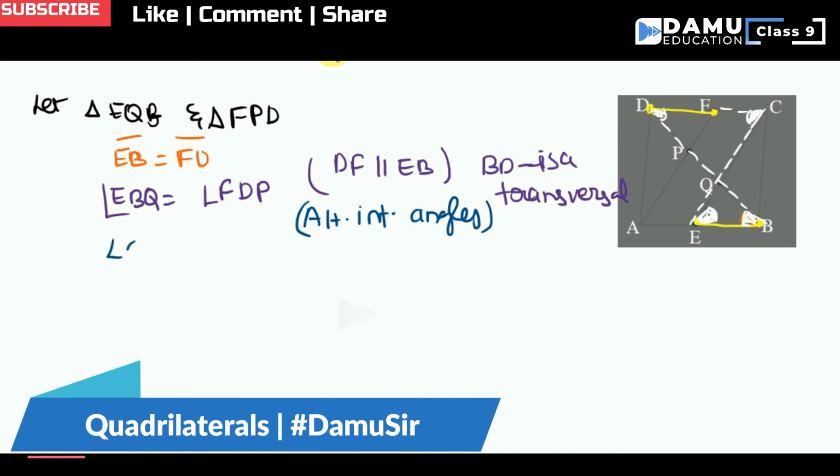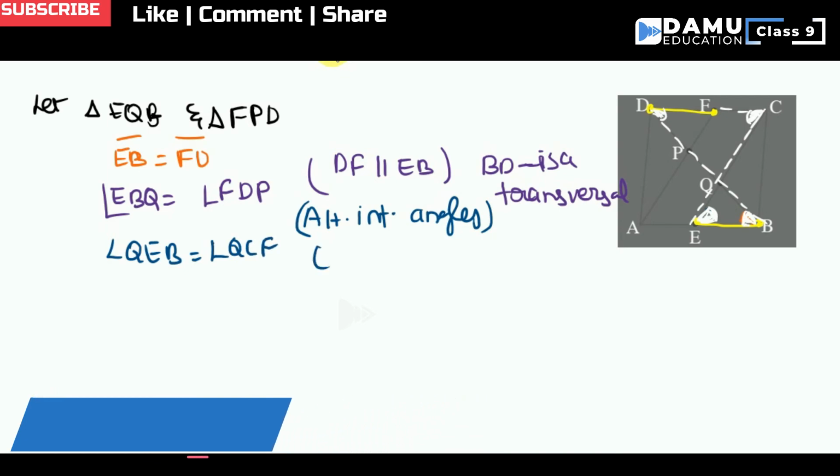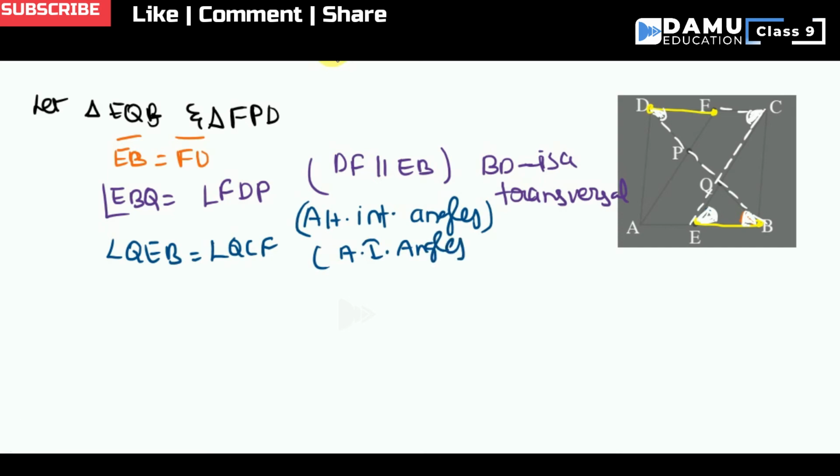Let's write angle QEB will be equal to angle QCF. This is also alternate interior angles, so they are equal.